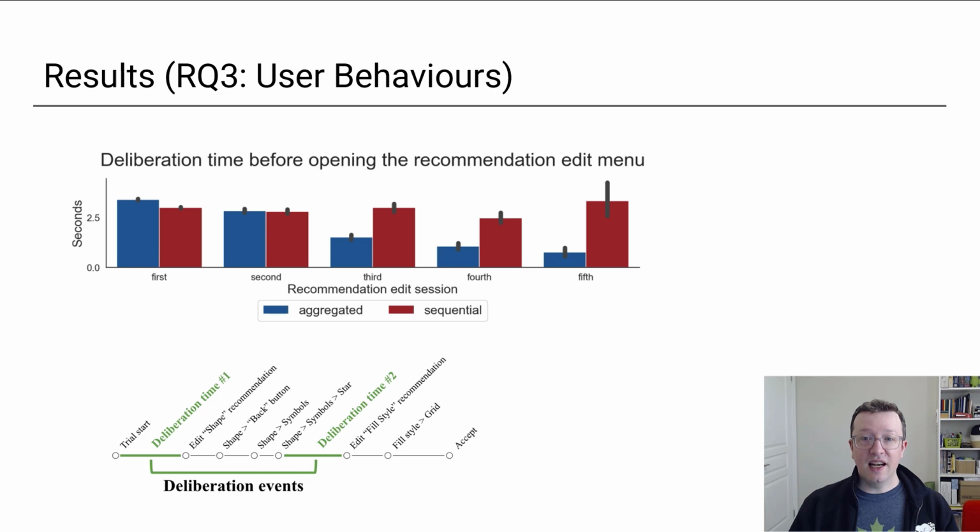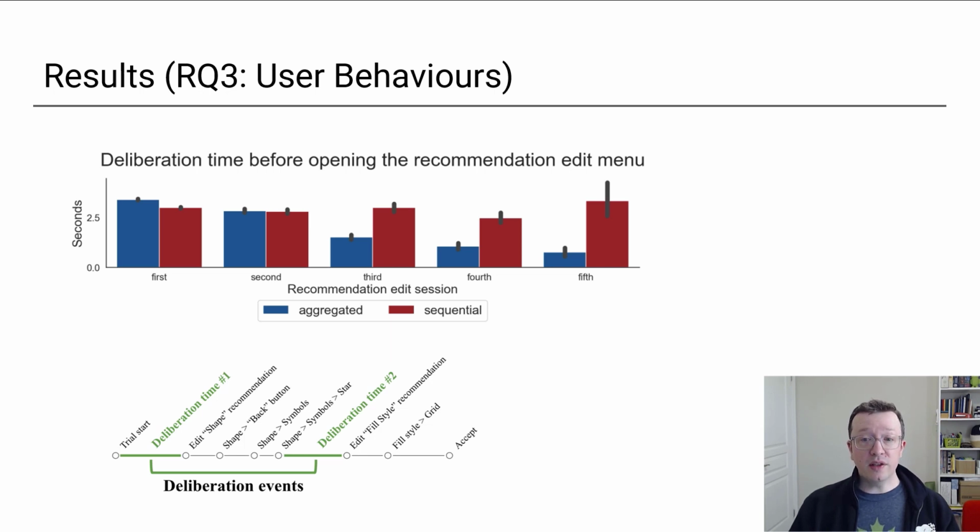Finally, we conducted an analysis to test whether the aggregated interface shows benefit for planning actions. So here we're graphing the average, what we call deliberation time before clicking edit on individual commands and recommendations. The timeline diagram gives a sense of how we computed this, but you can check the paper for details.